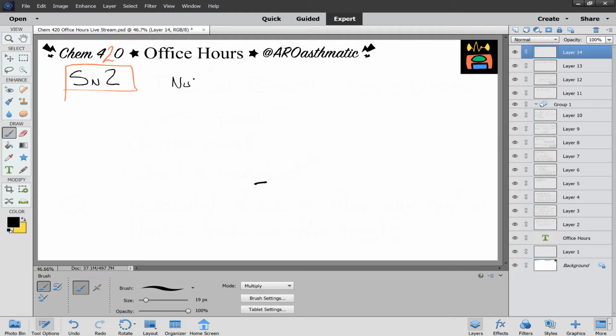So we have a strong nucleophile rolling in on a good leaving group, and that nucleophile does backside attack, displacing the leaving group, producing our substituted product and a new counterion. So that is Sn2.